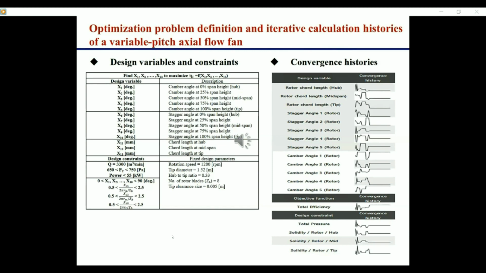From the right convergence history curves, you can check that the design variables, the objective function, and the design constraints are robustly converged to optimal values with no violation.